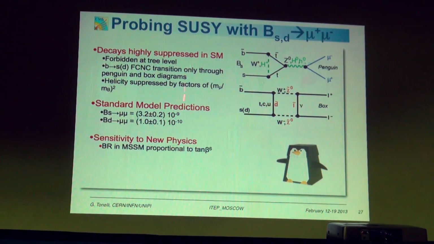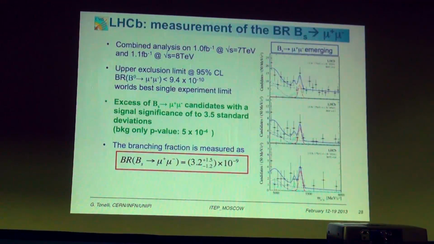And so it is interesting to measure this branching ratio and to probe this decay because this is very sensitive to new physics. In particular, in the minimal supersymmetric model, the branching ratio is proportional to the 6th power of tan beta, which is an important parameter. So this is a very powerful tool and there were many hopes, frankly speaking, up to a year ago, to see some anomaly there.